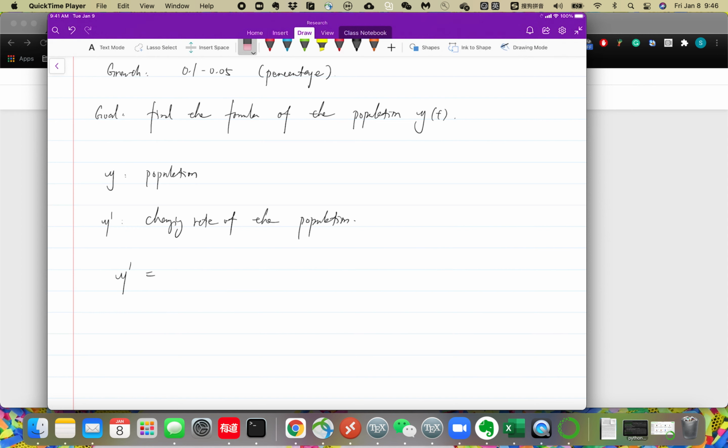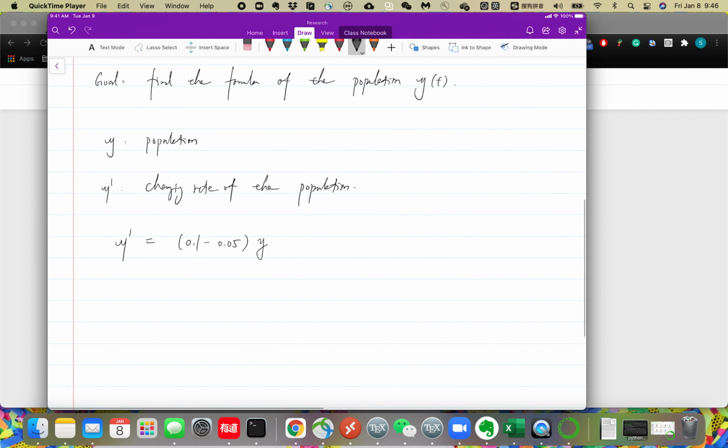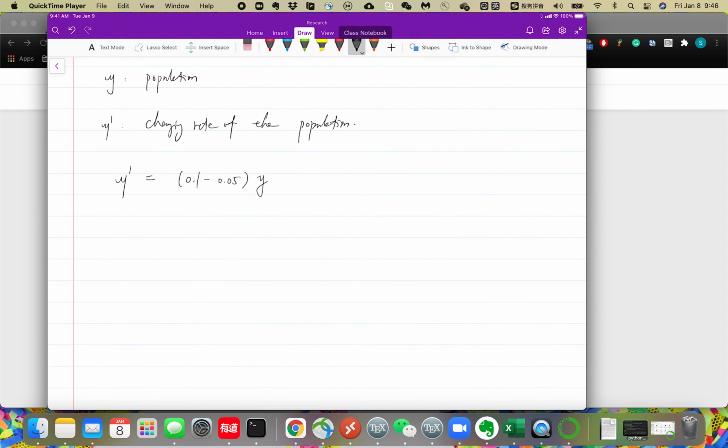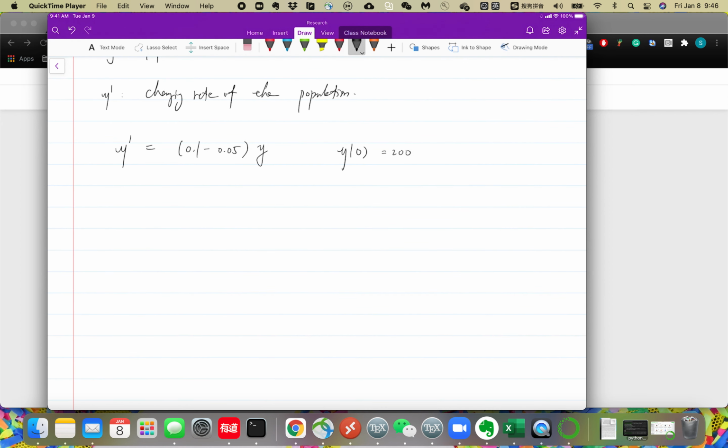So let's put it here. So this will be the equation that the population has to satisfy. Moreover, y at time 0 should equal 200 because the initial value also should matter. If you start with 2,000 people, of course you are going to change in a different way.